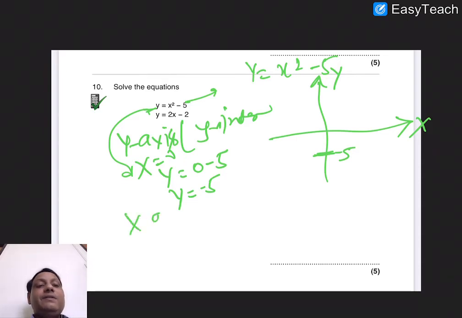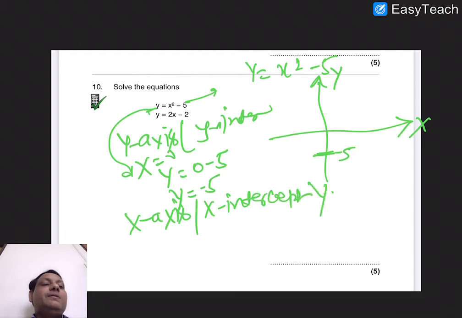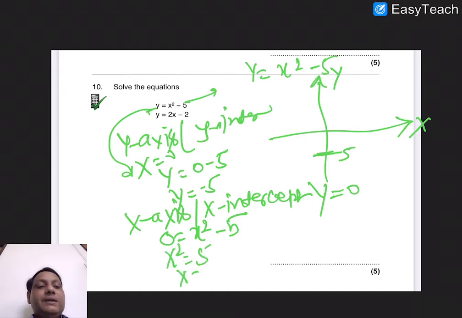So x axis means we say x-intercept. For the x-intercept we have to do y is equal to 0. So you put y as 0, so 0 is equal to x square minus 5. So x square is equal to 5. So we are getting x is equal to plus minus root 5.